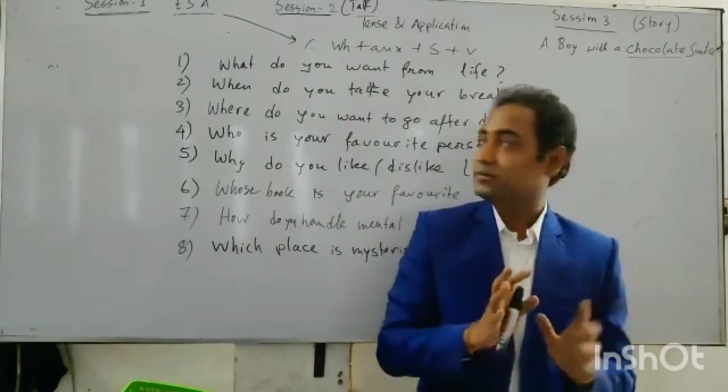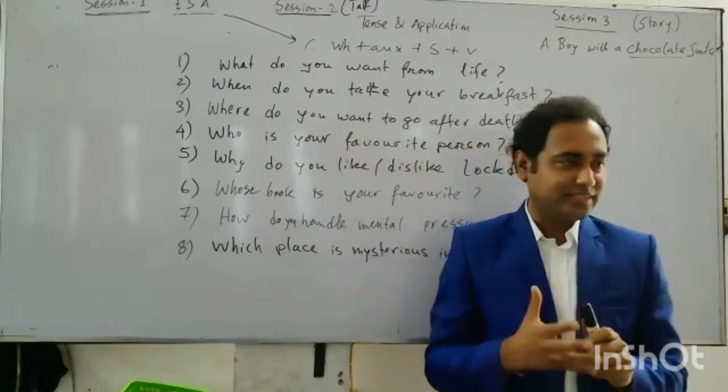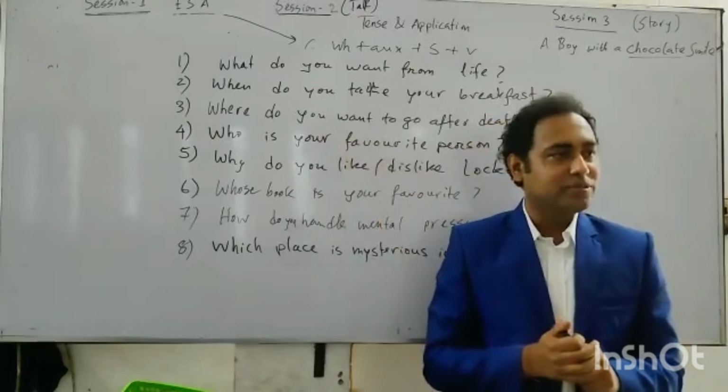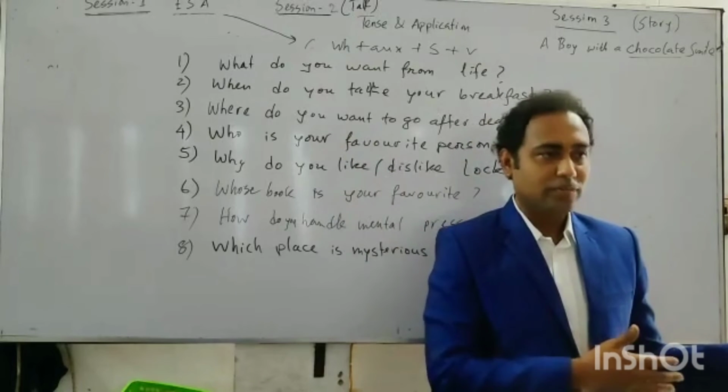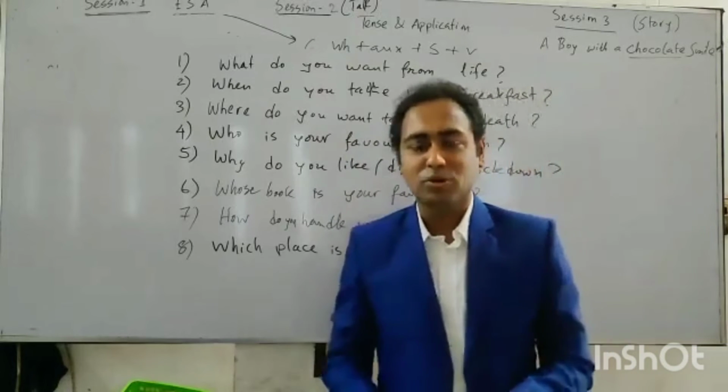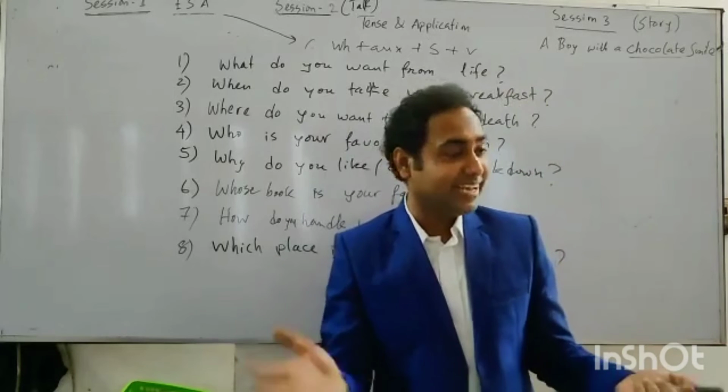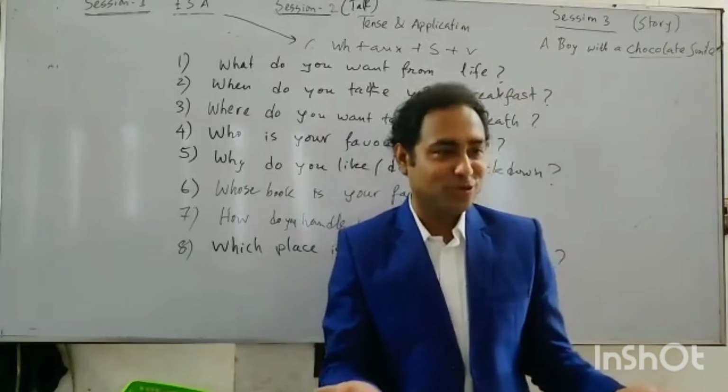These are the things that I take usually. Sometimes when I'm outside, suppose I'm not living in my house, living somewhere else, at that time whatever I get, I take it. No option.